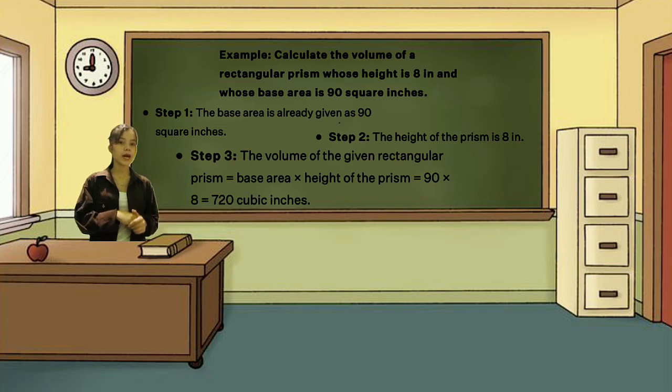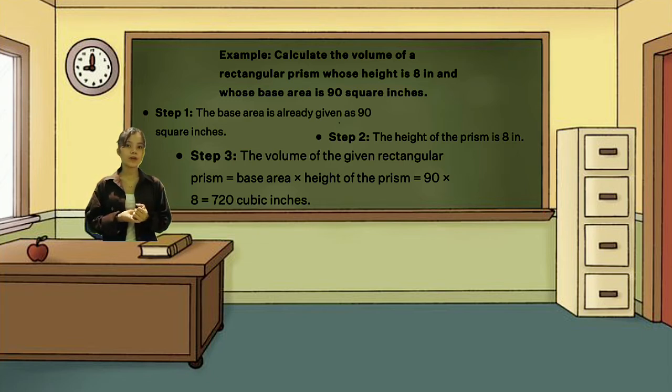So now let's multiply the 90 and the 8. 90 times 8 is equal to 720 cubic inches. So that is our volume of the rectangular prism. It is 720 cubic inches.